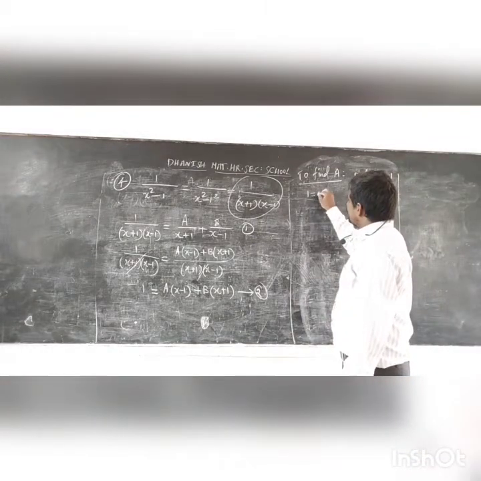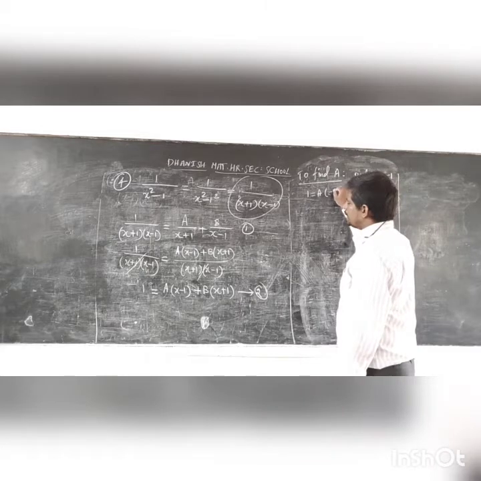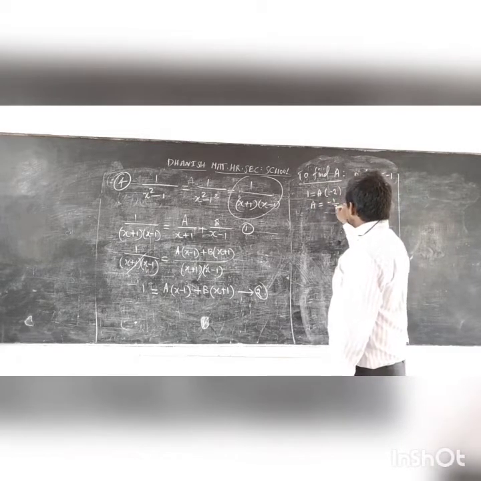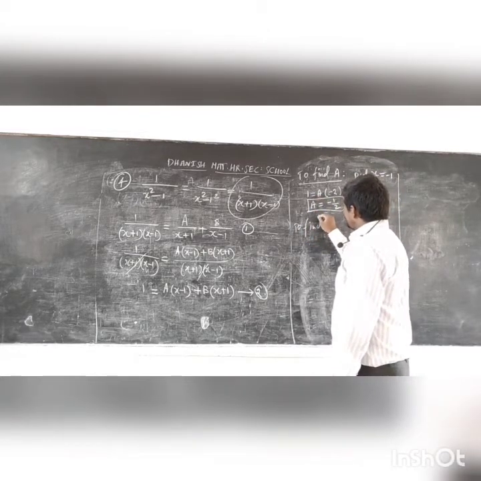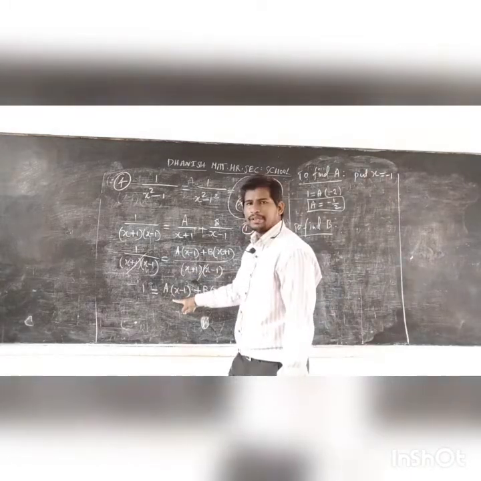So 1 equal to A into minus 1 minus 1, that is minus 2. So A equal to minus 1 by 2. To find B, in order to find B, A should become 0.